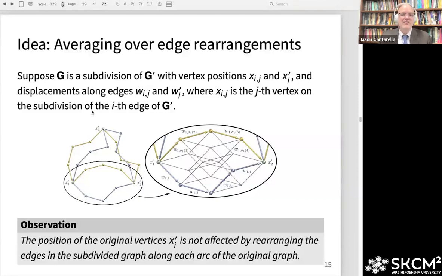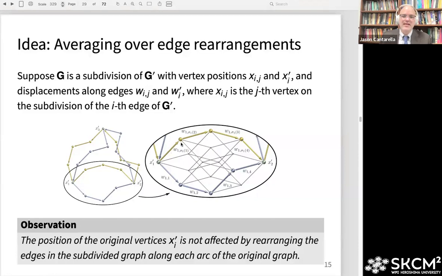So here's a much smaller ensemble. I get from one junction point to the next by following a series of edge displacement vectors. Let's call them here W11, W12, W13, and W14. I could rearrange these vectors and still get from one junction point x1 prime to the same second junction point x2 prime.